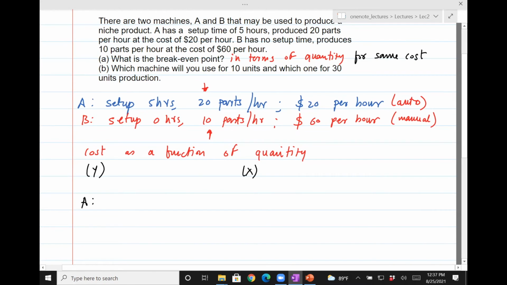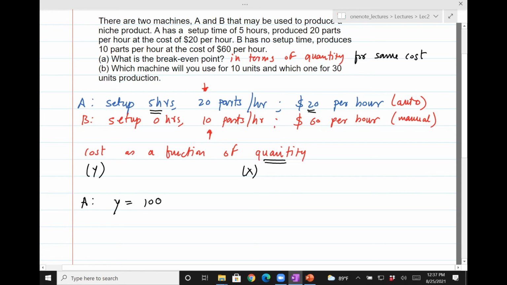So for machine A, we have the cost as well. So we want it in terms of quantity, right? We see that there's a setup time of 5 hours, and in 5 hours, this machine would have produced 20 parts per hour.